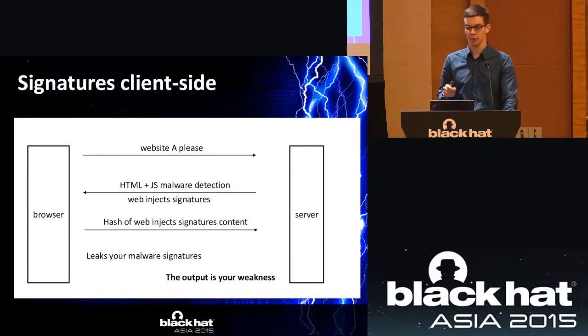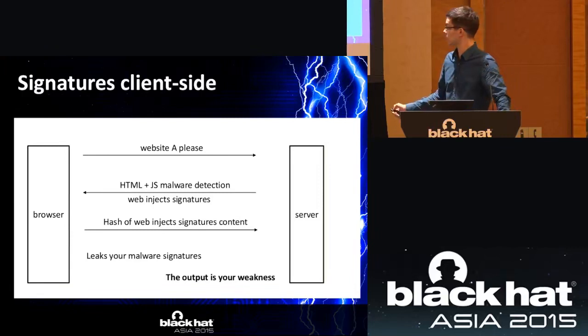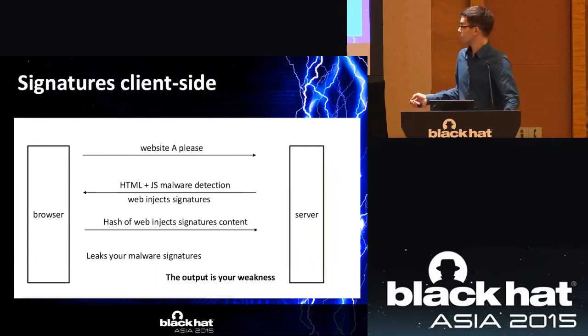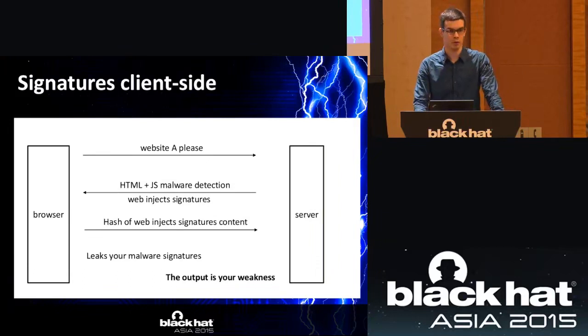The second way we found was to run all the checks on the browser side, and after running all the checks, the array of results was sent back to the server. And here we found one solution which was quite funny, because the initial values of the array, if no signatures were present, were sent back to the server.